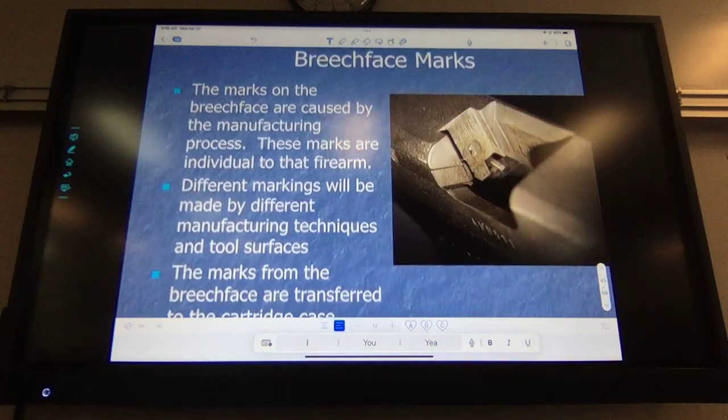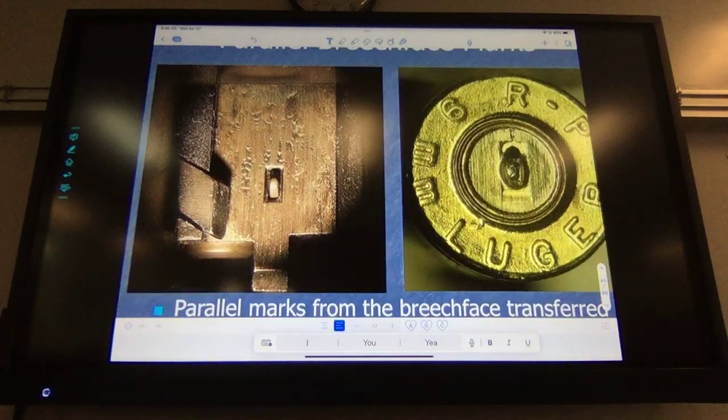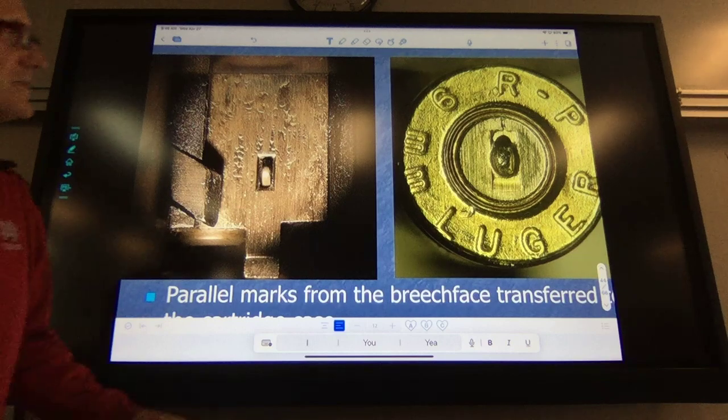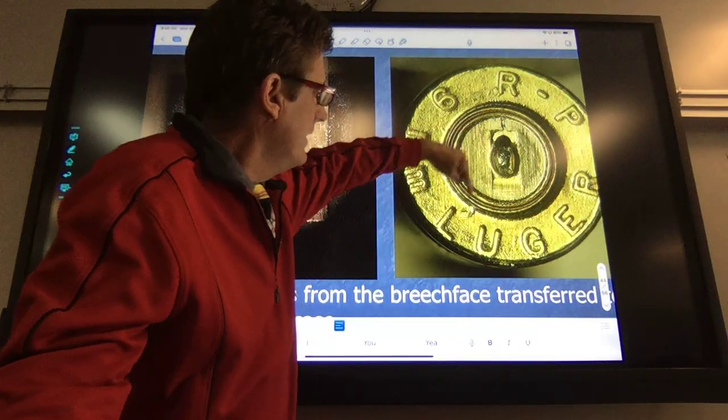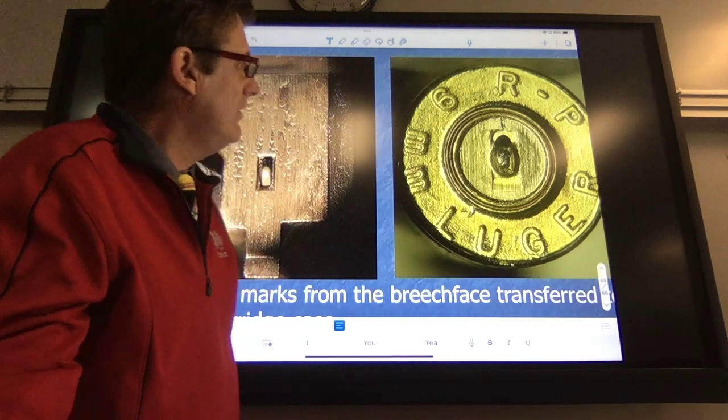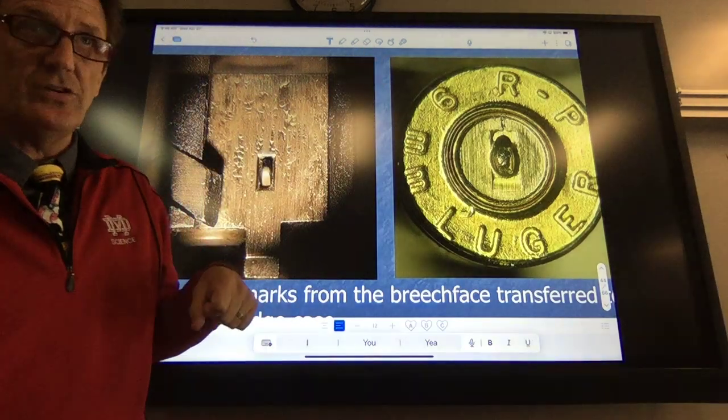So what do they look like? There's the firing pin. So when you take a picture of it, there's a marking, and there's another marking, and so on the back of the bullet, there are 3 marks that you can identify.